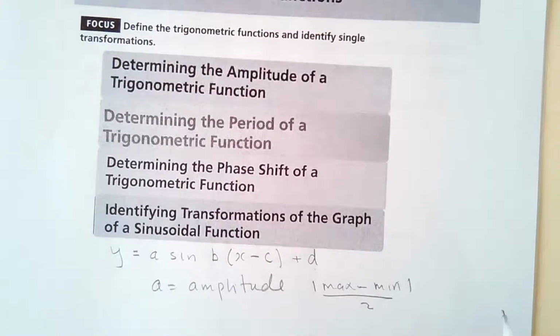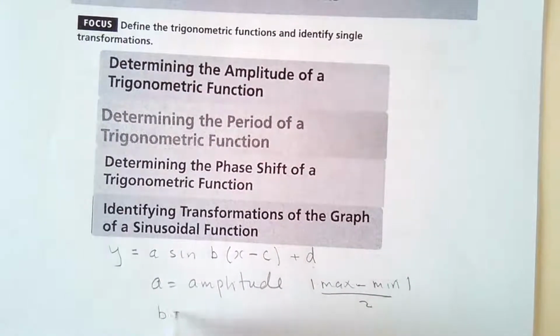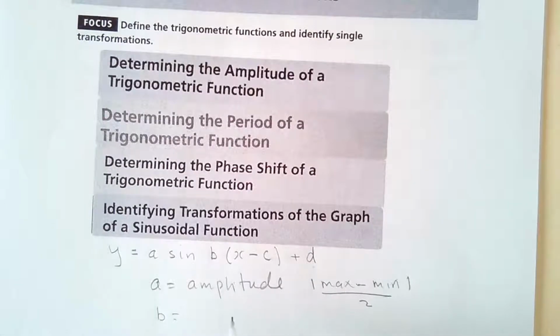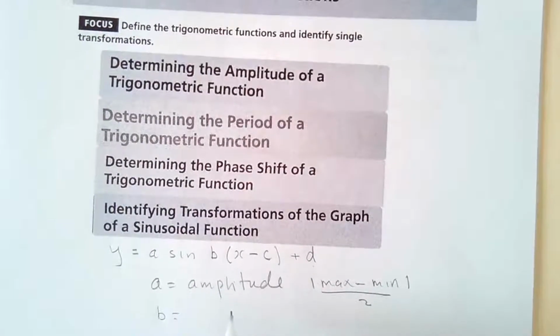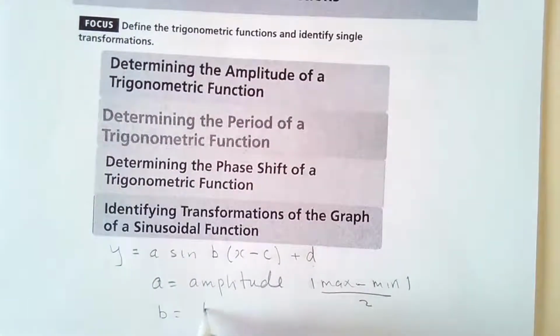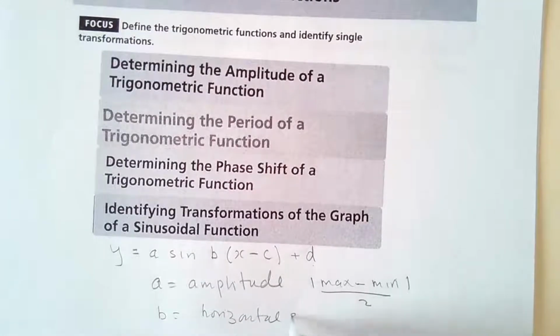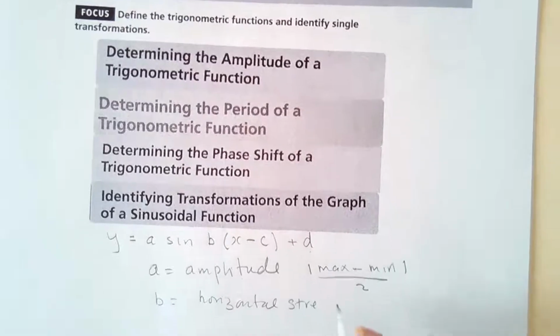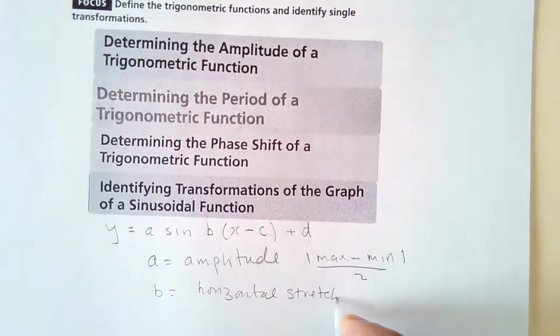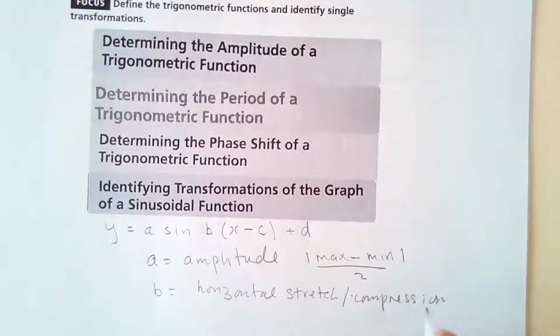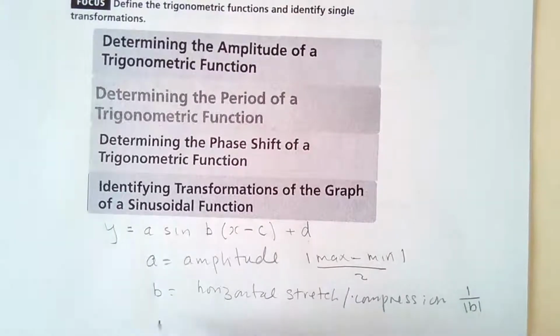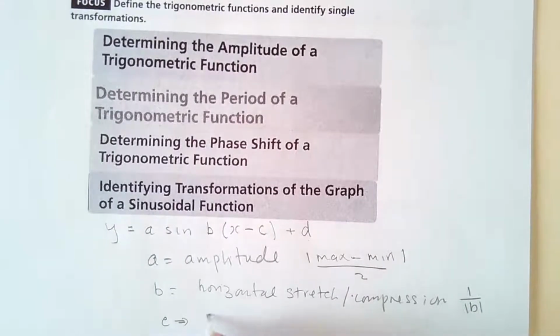So b is your horizontal stretch or compression, which is 1 over the absolute value of b. c is the phase shift.